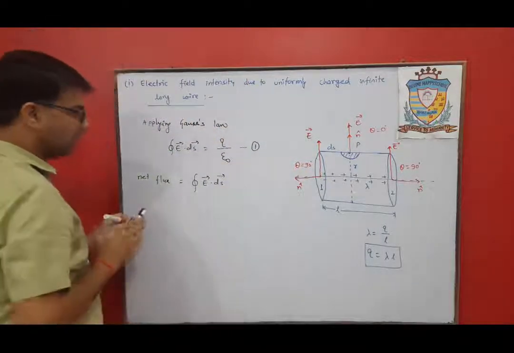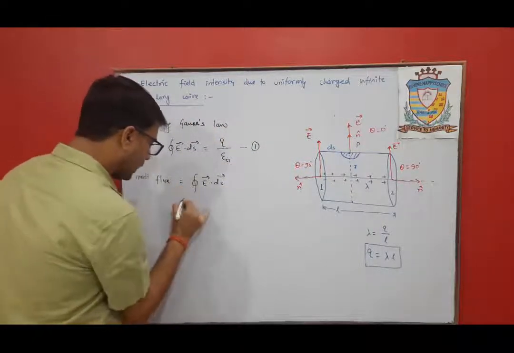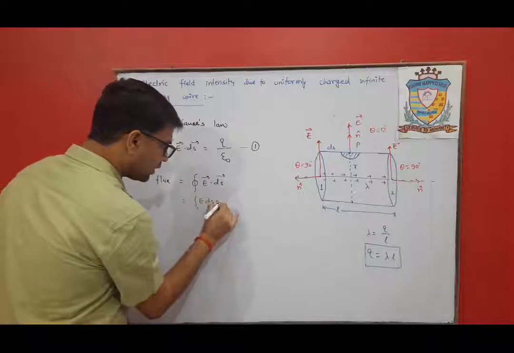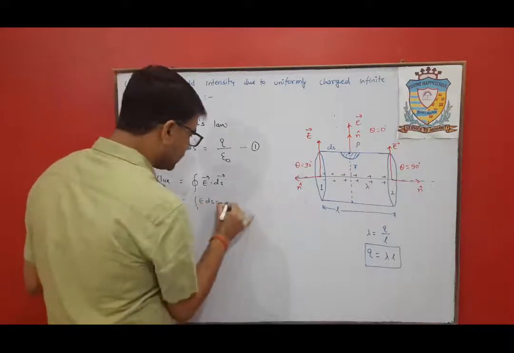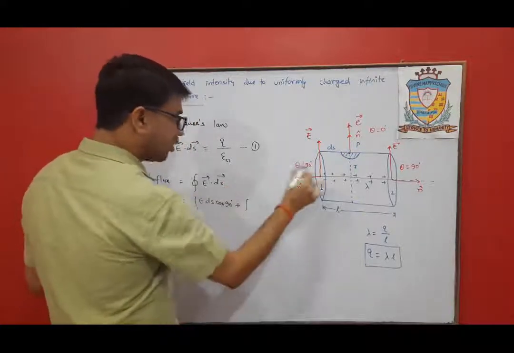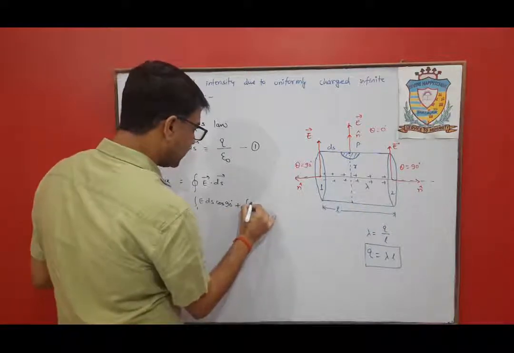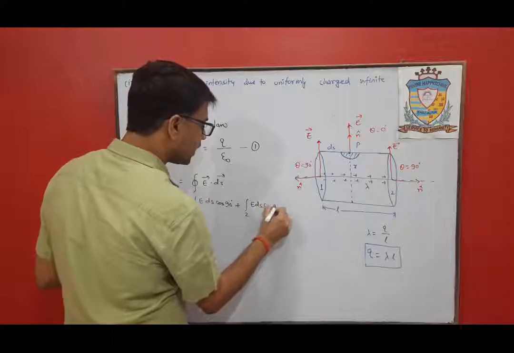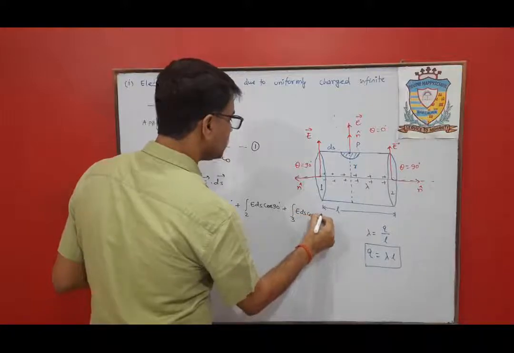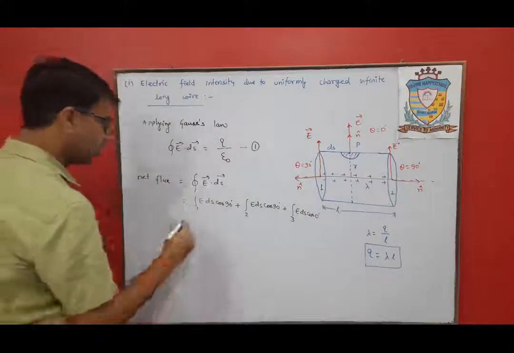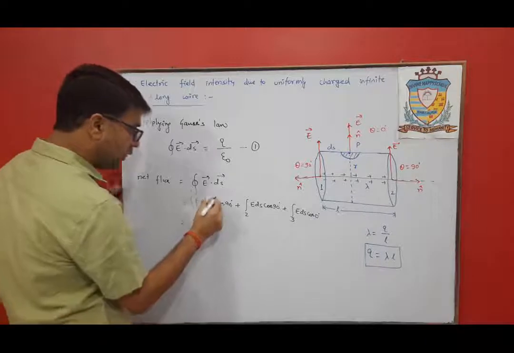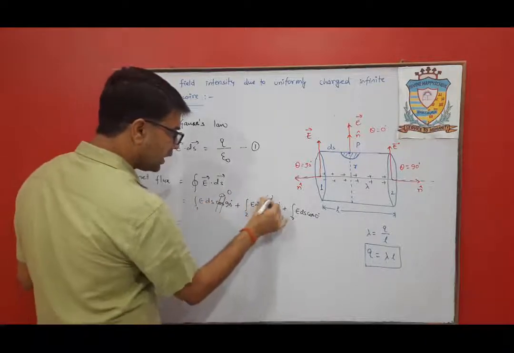So now we have three different figures. This can be written as E ds cos 90 degree for the first, plus E ds cos 90 degree for the second, plus E ds cos 0 degree for the third. In cases 1 and 2 the angle is 90 degree, and cos 90 is 0, so those terms become 0.